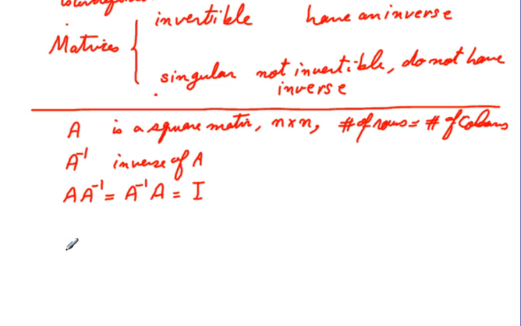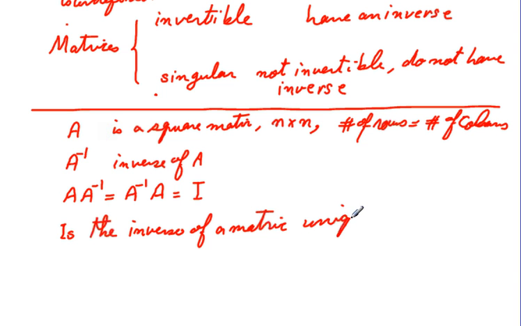So the question is about the inverse of a matrix. Okay, we said sometimes there isn't any. So if matrix is singular, there isn't any such thing anyway. If the matrix has an inverse, we call them invertible. But the question comes up, is there only one such thing, or can there be several different inverses?